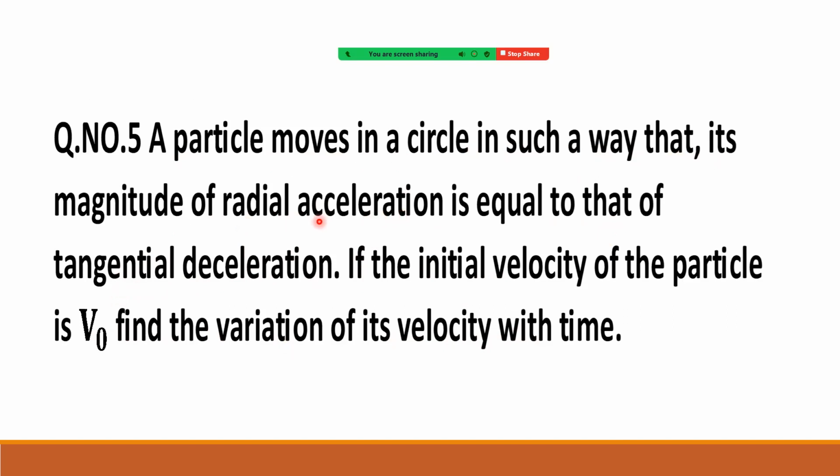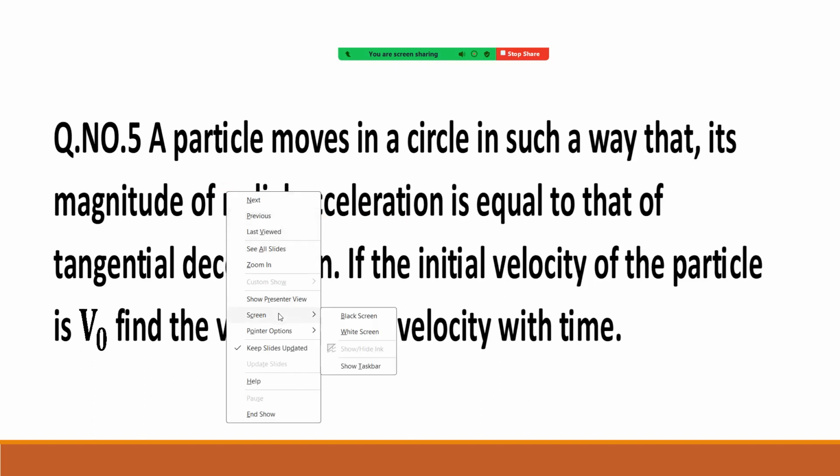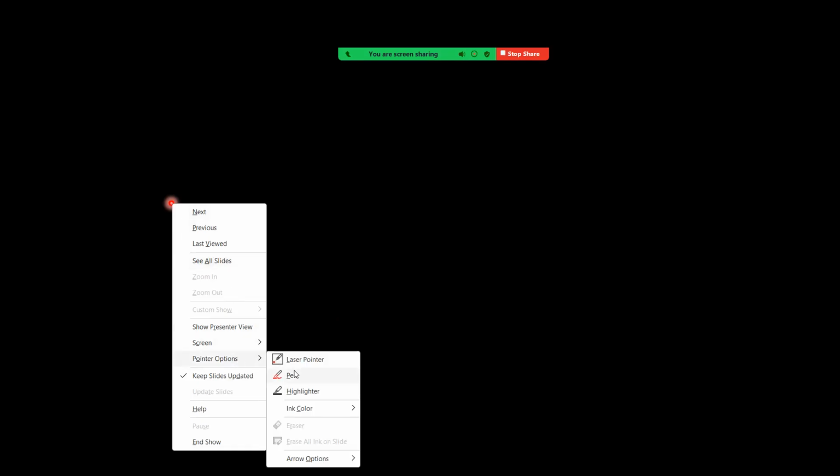So we have to find velocity as a function of time. Now see how we are going to start. First of all, write down the given data. Modulus of AC is equal to modulus of AT.